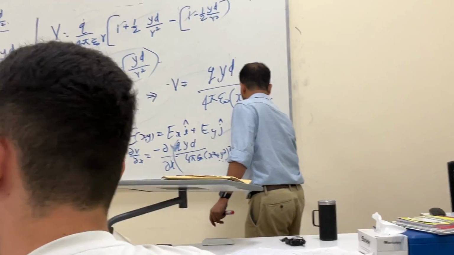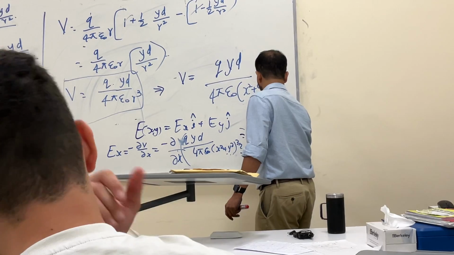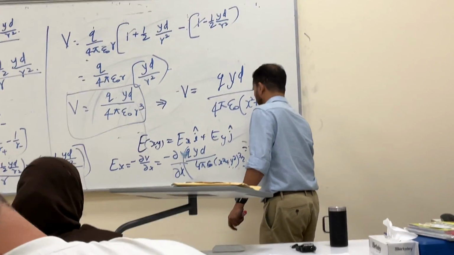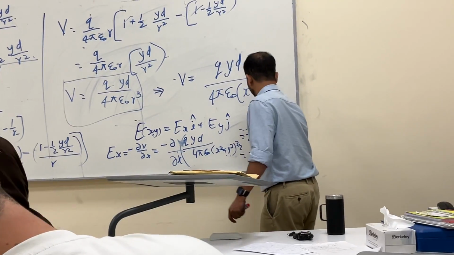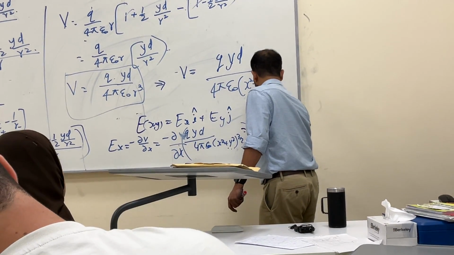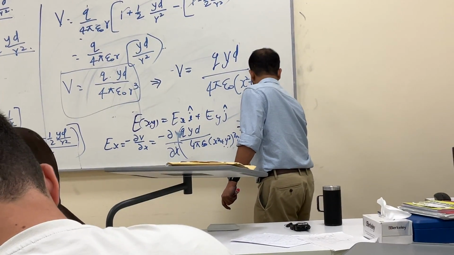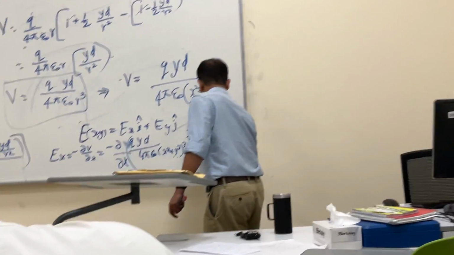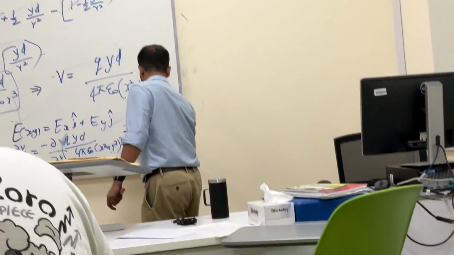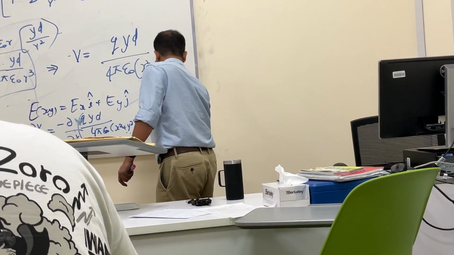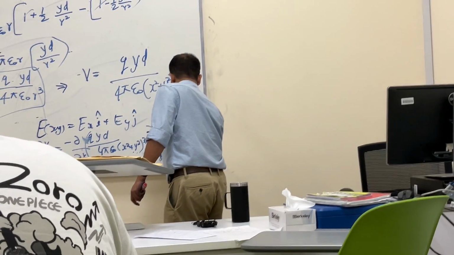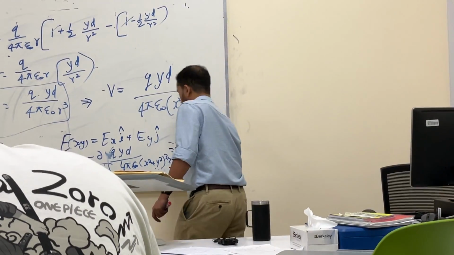The 2 will be cancelled, and the minus will be cancelled. So that will be 3qyd into x, divided by (x squared plus y squared) to the power 5 by 2. This is for the Ex part.